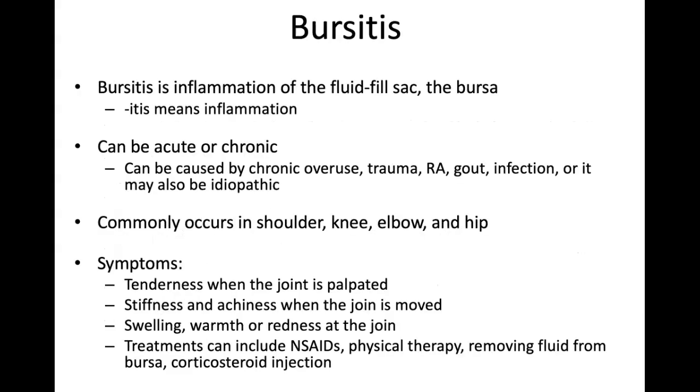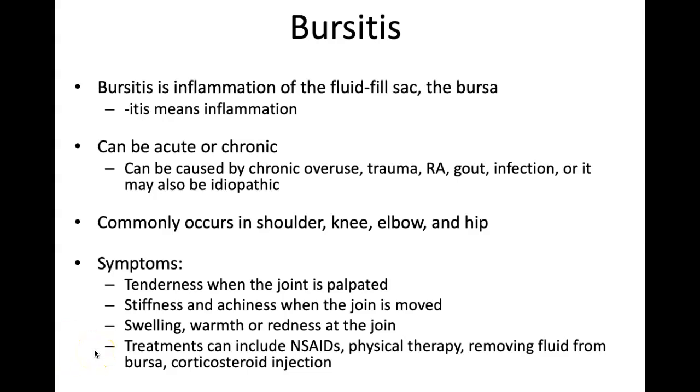Hopefully in class you got to see a bursa. Bursitis is just the inflammation of one of these bursa. It can be acute or chronic. It's often caused by rheumatoid arthritis or overuse or trauma, infection. Often this is occurring at the shoulder, knee, hip, and elbow, so those diarthrotic joints with synovial cavities.